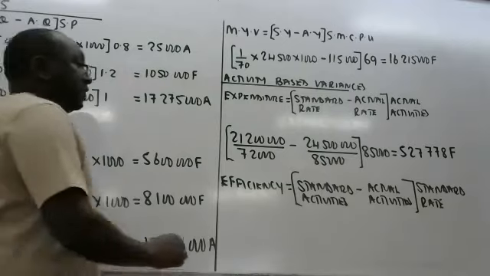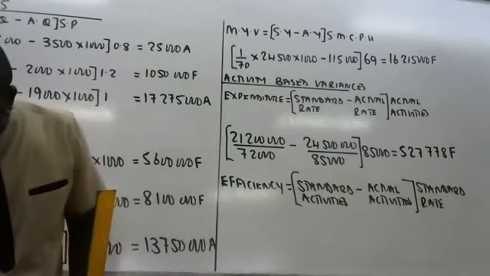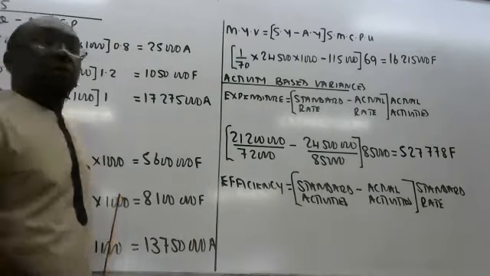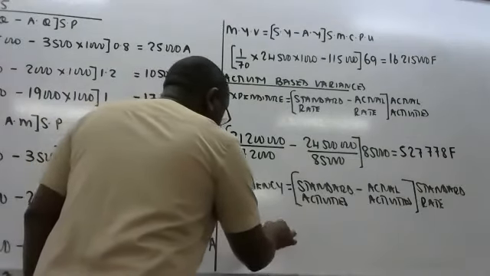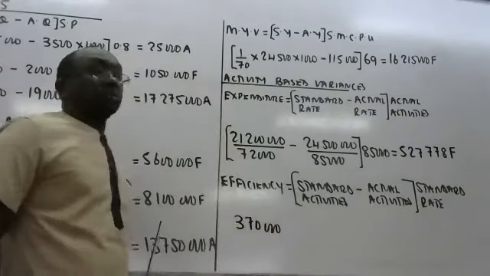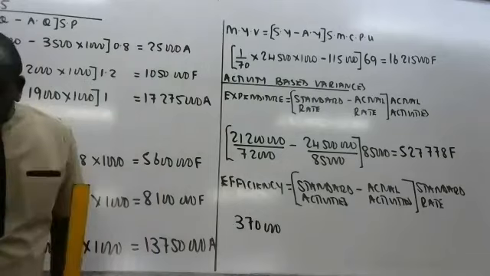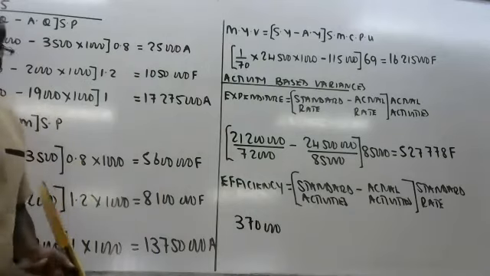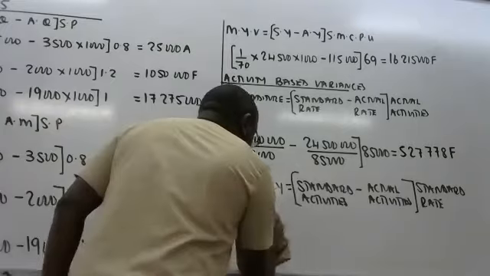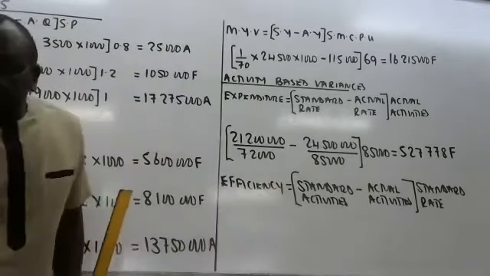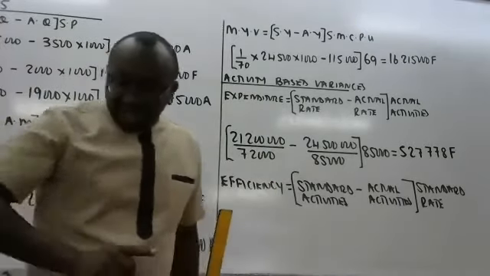So the standard activities, you get the number of units that were to be produced, 370. Sorry, not 370. You argue the other way around. Okay? We are looking for activities. And the argument goes like this.